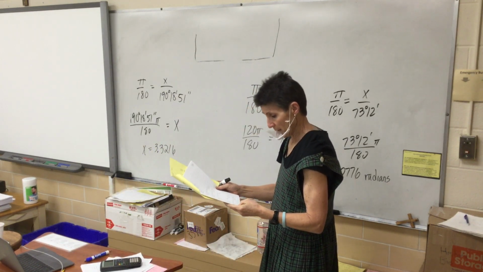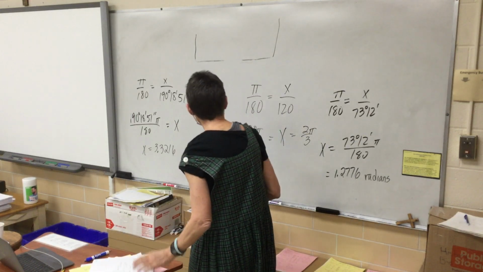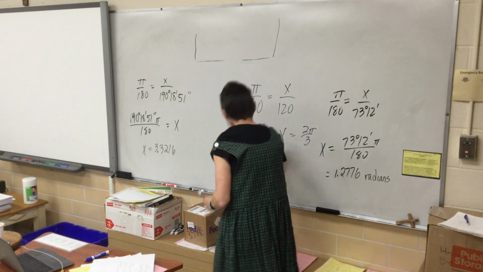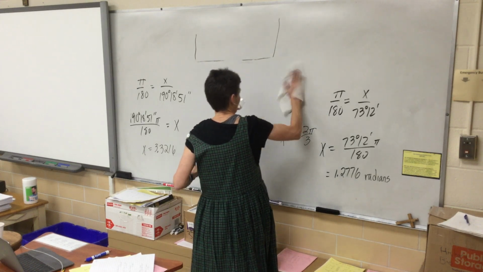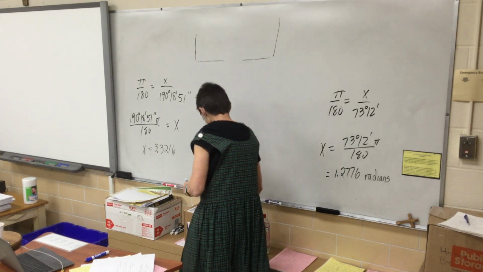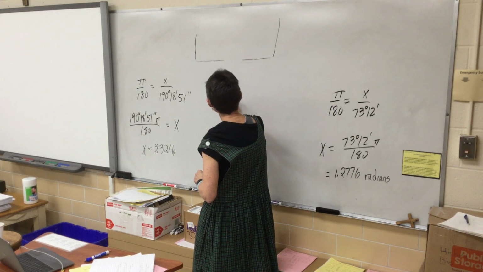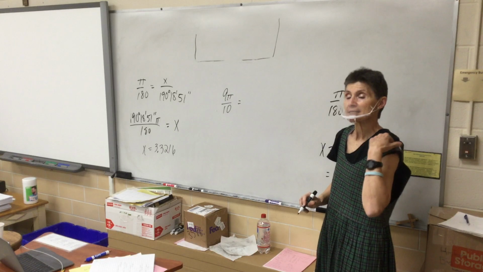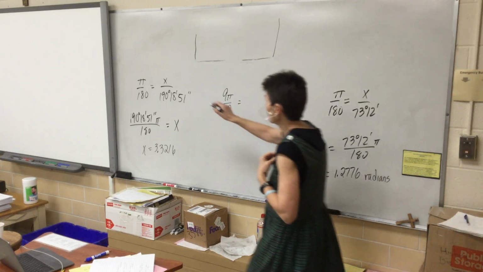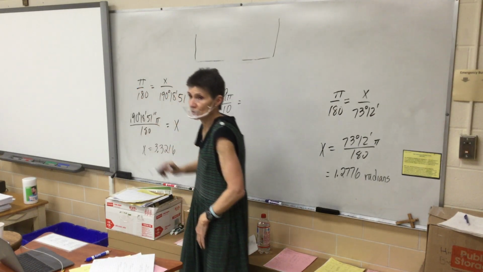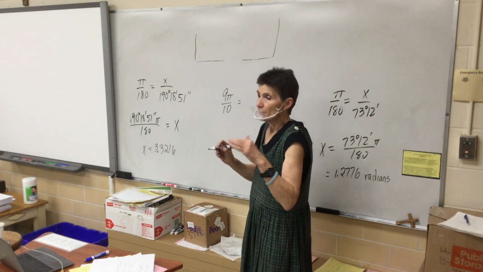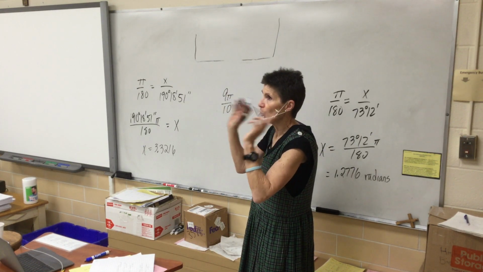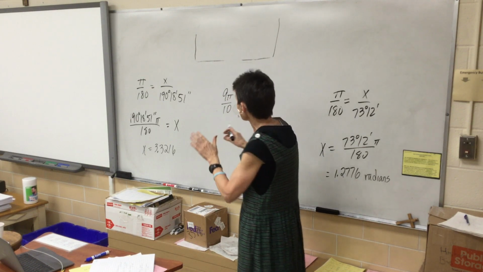Now we're going the other way. 9 pi over 10. That's a radian measure, and we're changing it into degrees. You can set up the same proportion if you want to. But you're going to be doing so many of these. Let's think about a quicker way of doing it.